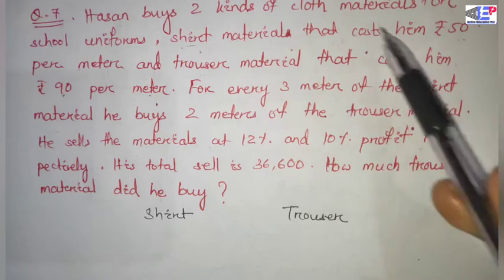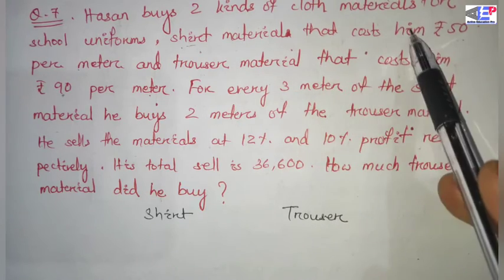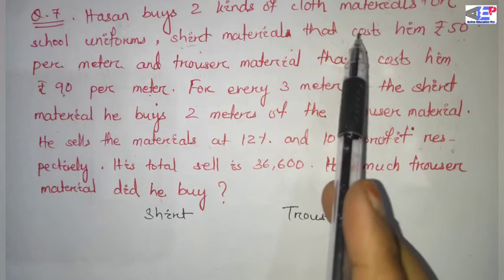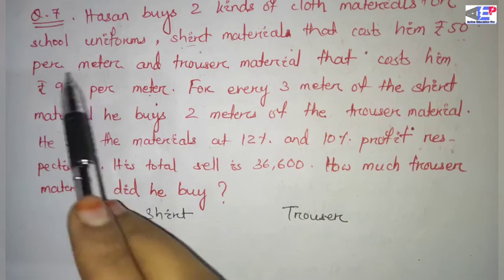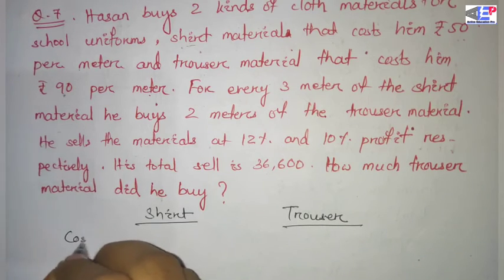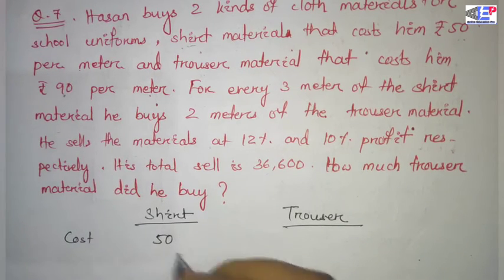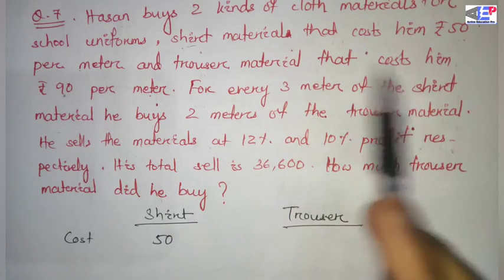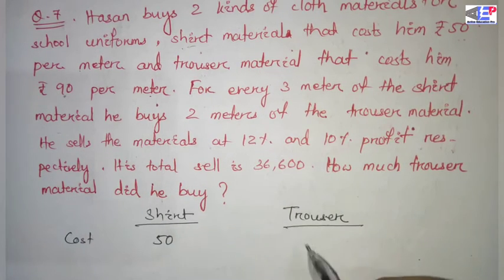Then, shirt material costs him 50 rupees per meter, and trouser material costs him 90 rupees per meter. The value of trouser of 1 meter is 90 rupees.